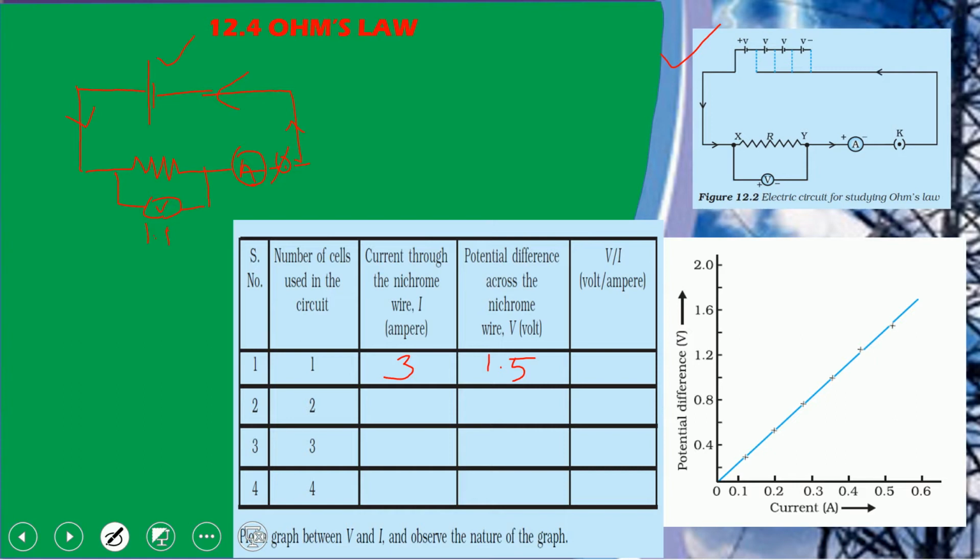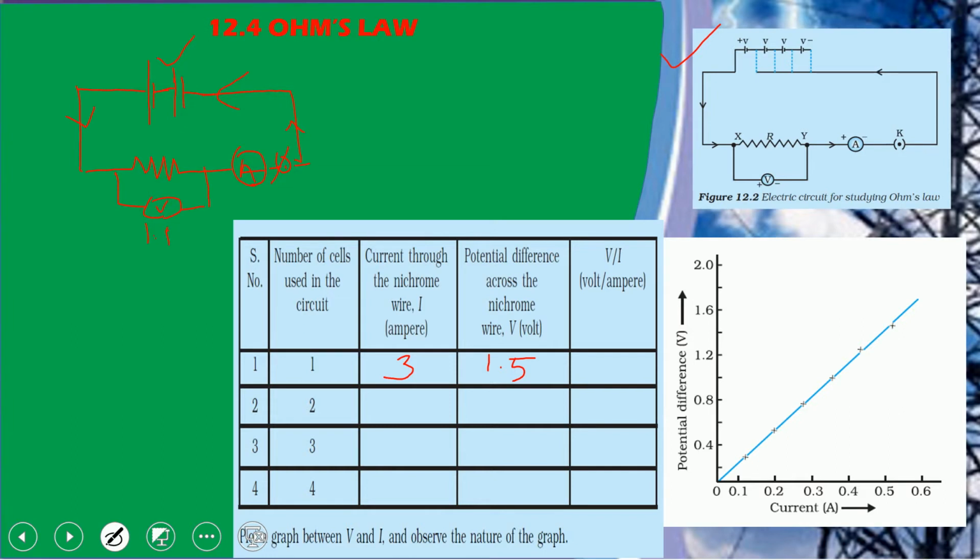Now I am going to take one more cell and connect it here, negative to positive, and so on. Now the two cells are connected.